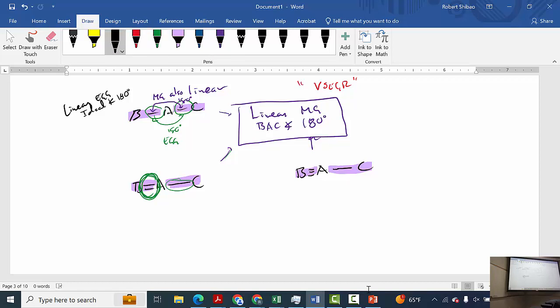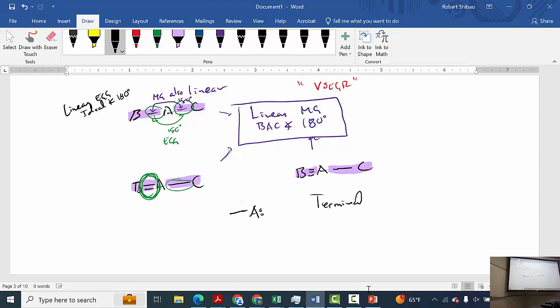But again, we expect linear. What if we have a lone pair? It would still be linear.